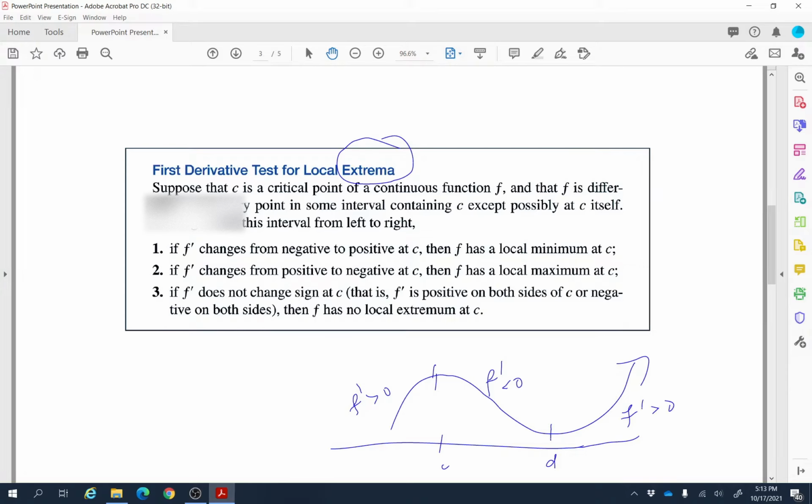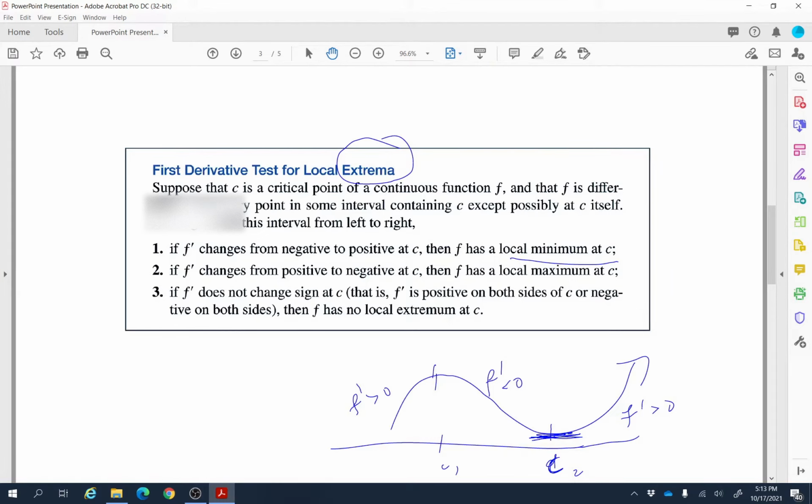If the derivative changes from negative to positive, as you can see at this point, f has a local minimum at C. Instead of C, this is D, so don't worry about the name C or D. Let's say C1 and C2. It's changing from negative to positive, that's why it has a local minimum here.